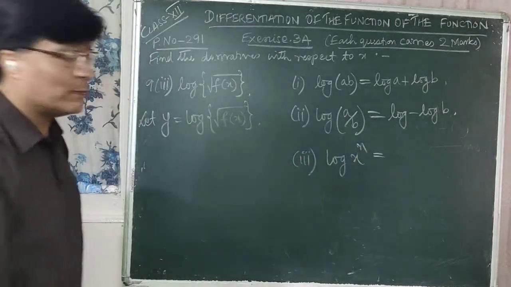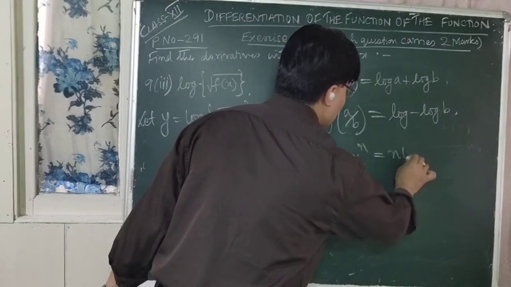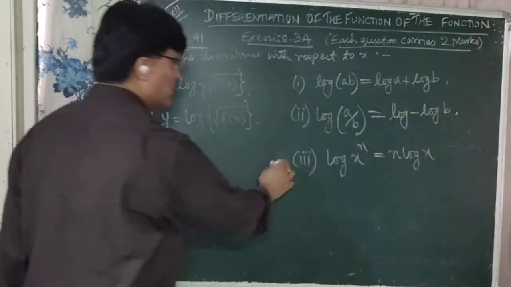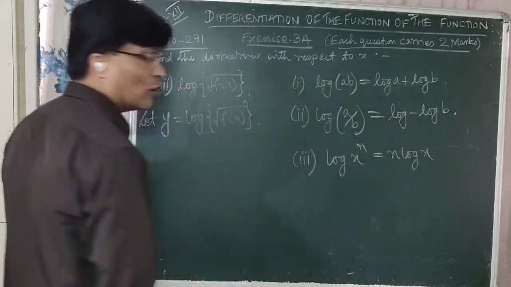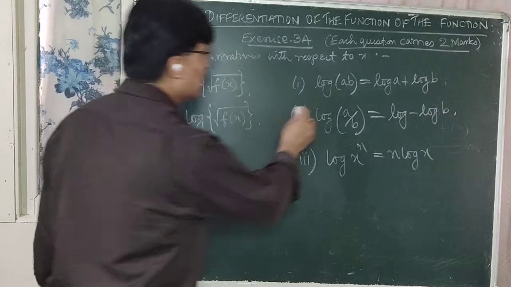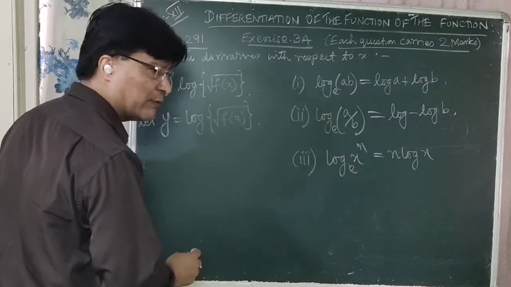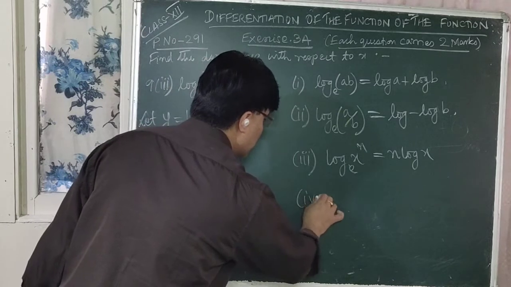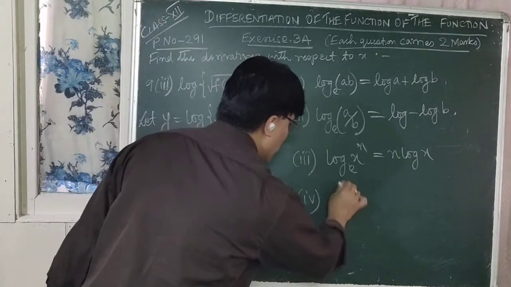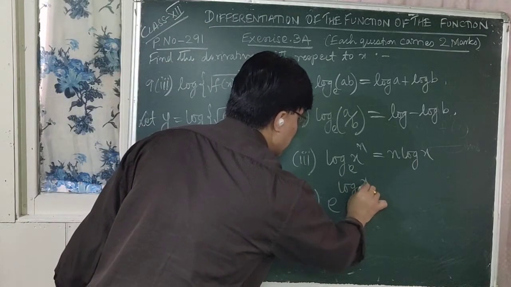What is log x to the power n? It is n log x, that is, n becomes the coefficient, then log x. If there is no base here, you should write it as base e.